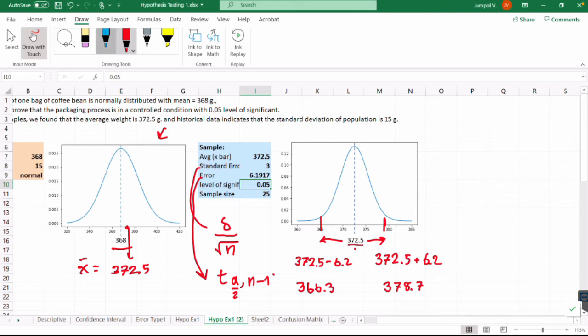Okay, and we have to use this confidence interval to justify whether the hypothesized mean is in it or not. If it is in it, we accept the null hypothesis.